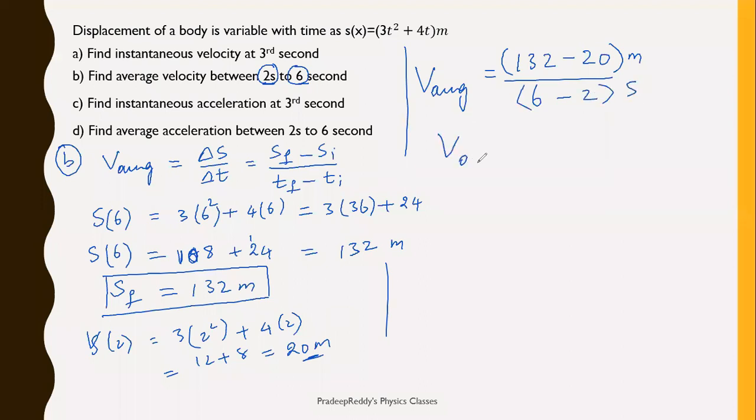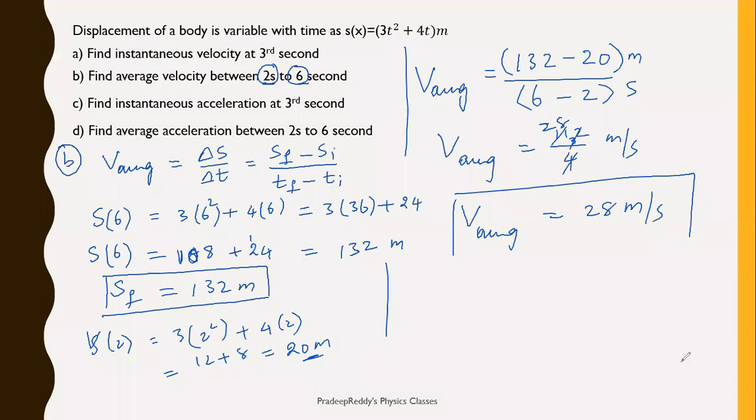Therefore V average is equal to 132 minus 20, it is 112, divided by 6 minus 2, it is 4 meter per second. 4 twos are 8 and remainder is 3, 4 eights are 32. Therefore V average is equal to 28 meter per second. This is the value for average velocity.